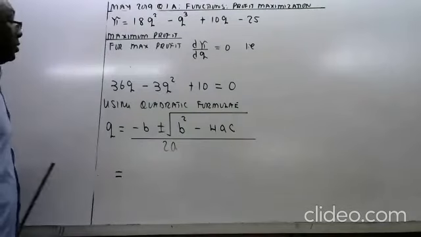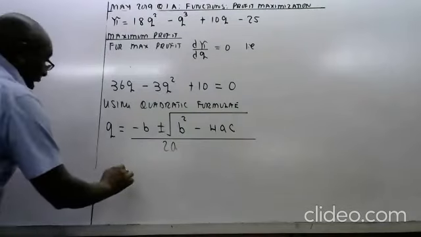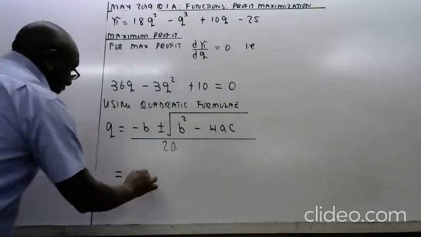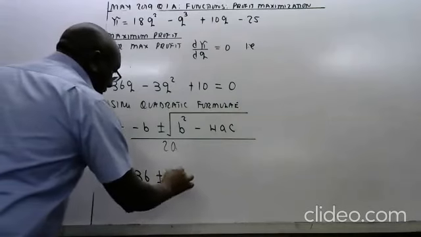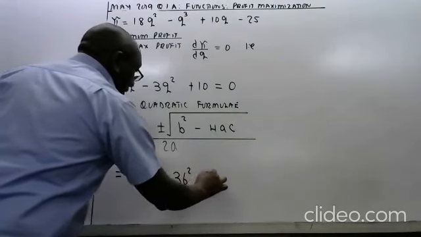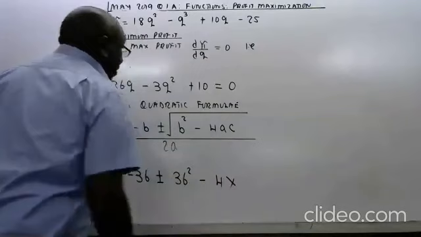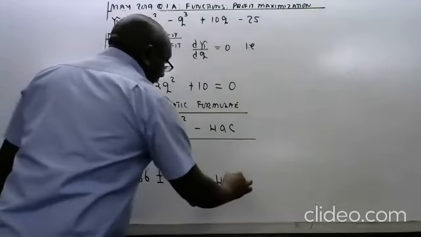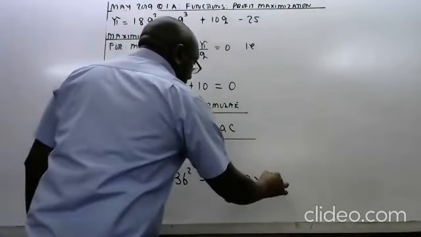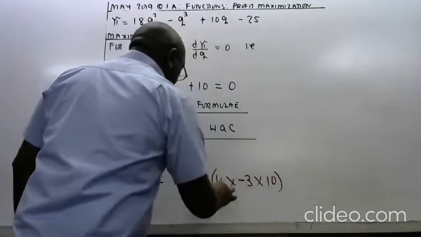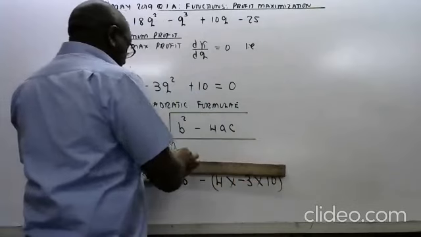So this one proceeds to become minus 36 plus or minus 36 squared minus 4 times a, which is minus 3, times c, which is 10.